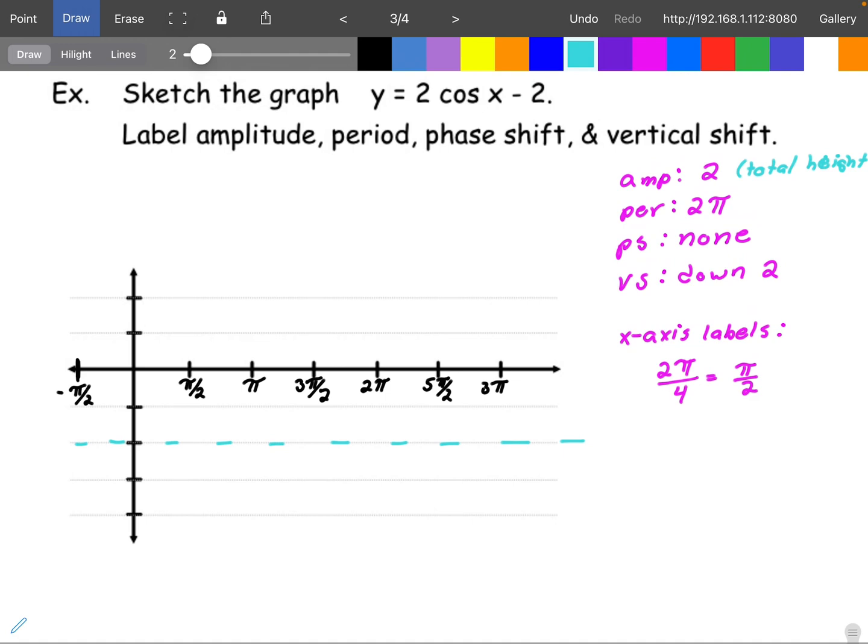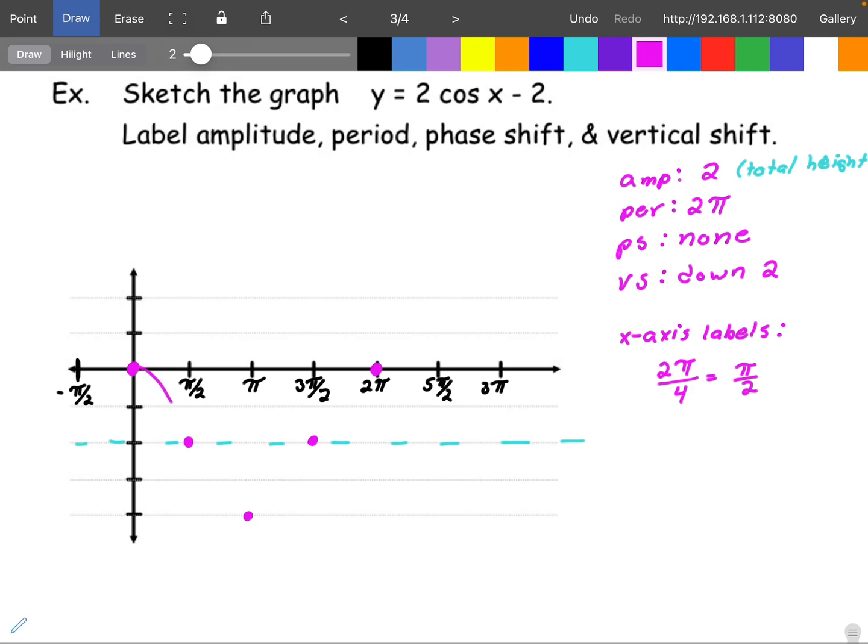So if our amplitude is 2, then instead of the cosine beginning 1 above that horizontal center, it's going to start at 2 above that horizontal center. So it's going to start here. Then it's going to go down to the 0, which remember is our -2. Then it's going to go 2 below that, then back, and then 2 above that.